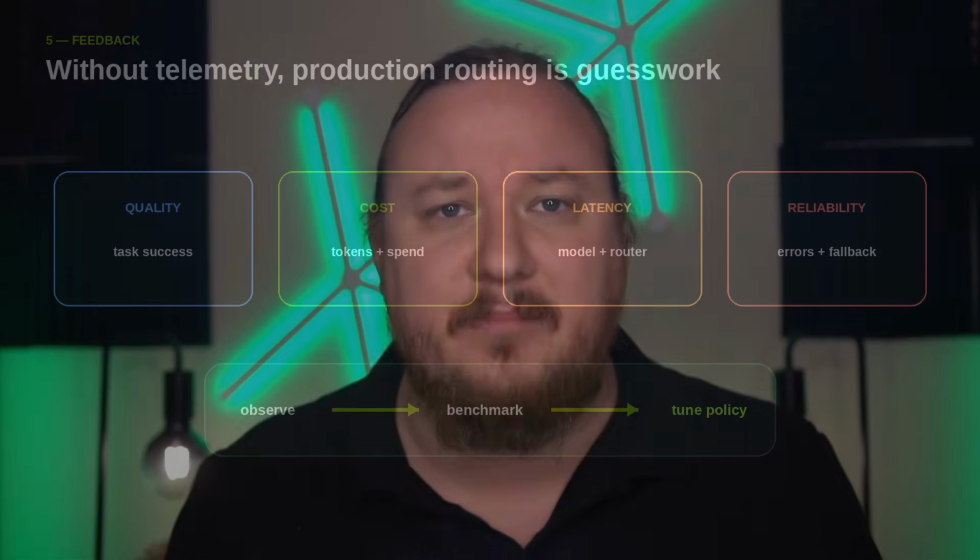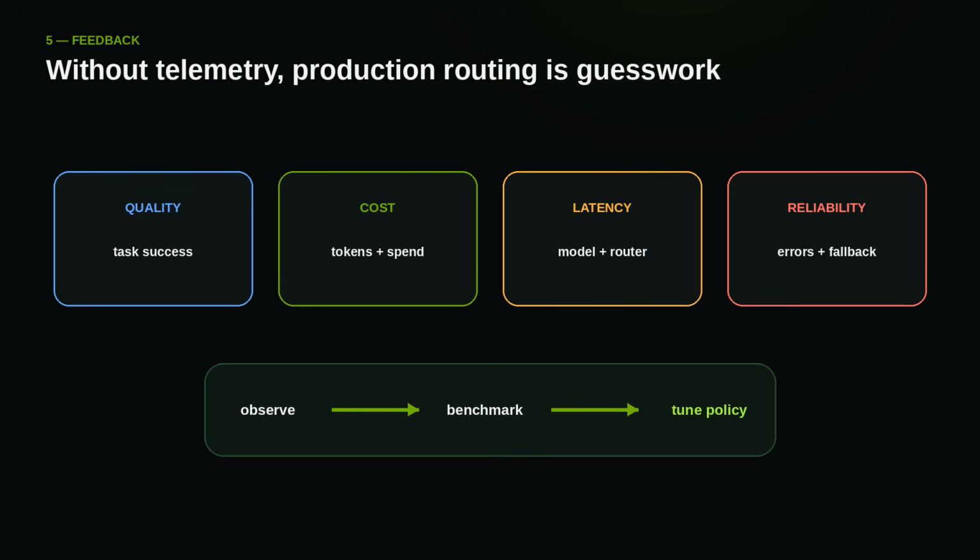Lastly, feedback. We need telemetry to understand, are we getting better? Are we doing well? Are we actually saving costs? We can benchmark routers and understand that they should perform better, but without feedback, we're in the dark when we're actually running these in production.